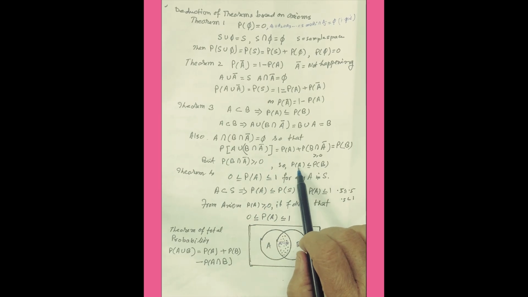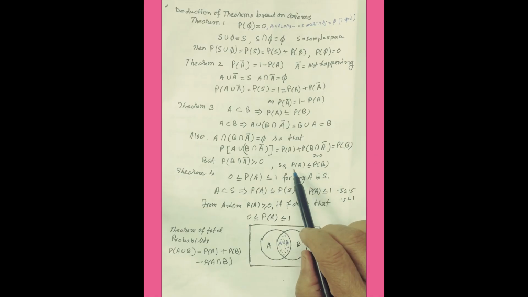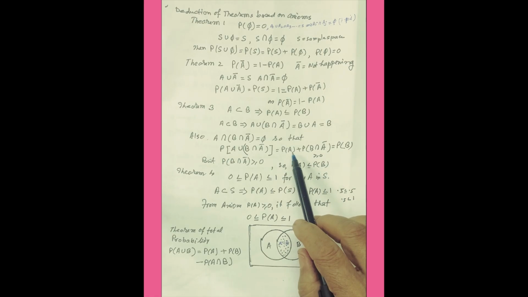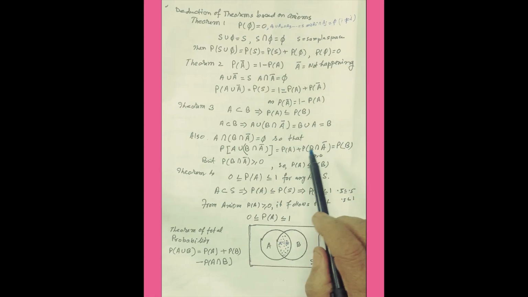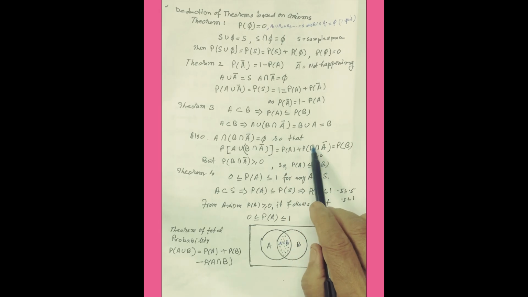So P(A) must be less than or equal to probability of B. This plus this is equal to this, so necessarily this must be smaller than this because it is a positive number.